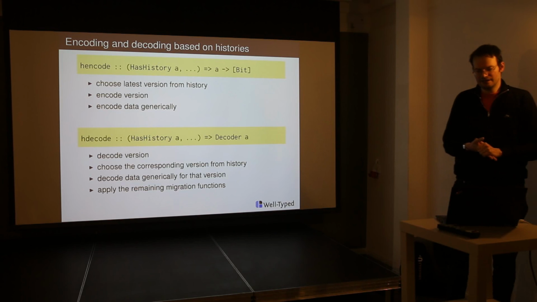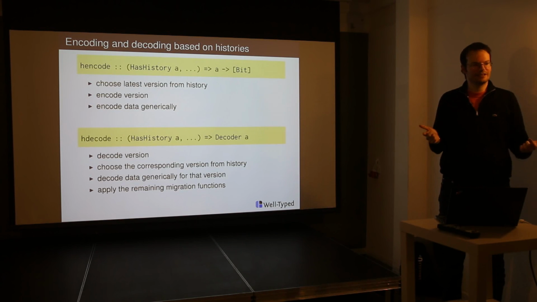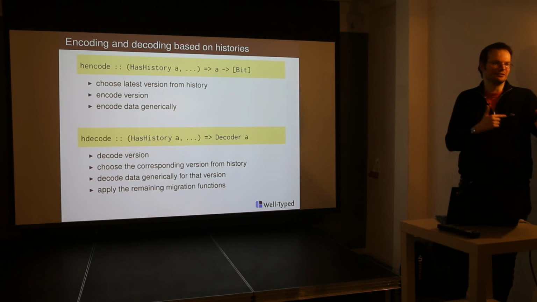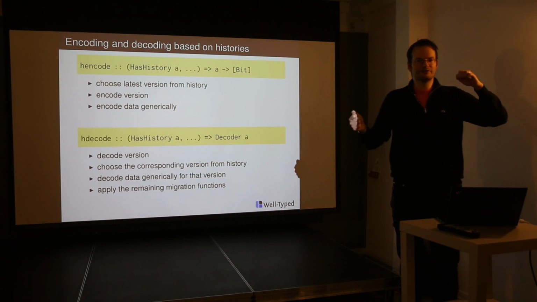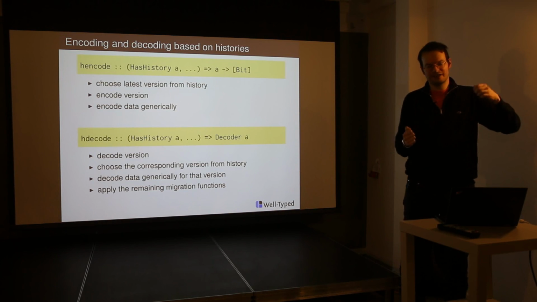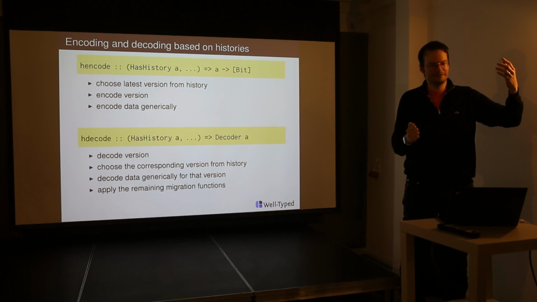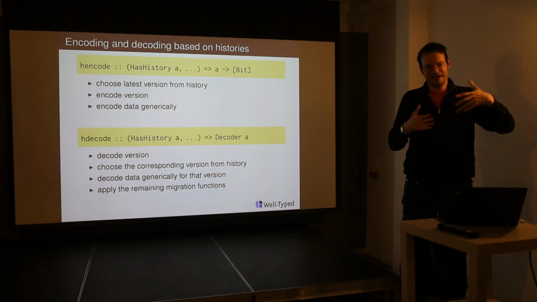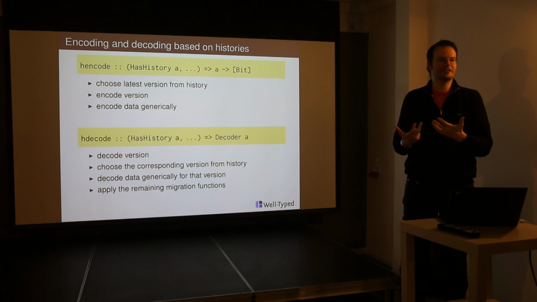Because if you have interactions between different data types, it otherwise becomes unmanageable. If you have two different versioned data types and one occurs within the other, and you're going from version 2 to version 3 for one data type, and you're adding a field of this other versioned data type, then how do you write your migration function?